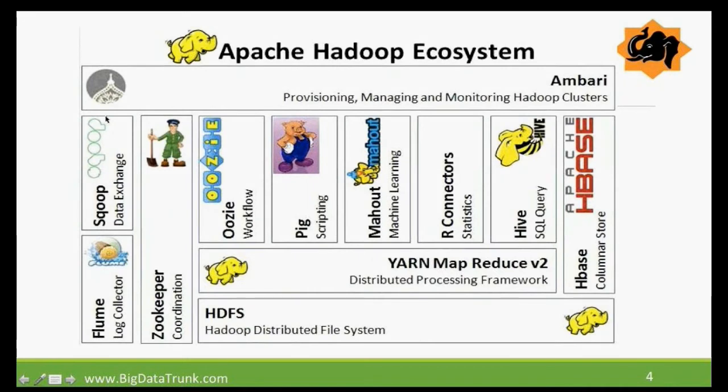Sqoop. Sqoop is a mechanism to get data from a relational system: our databases, Oracles, MySQLs, and so on and so forth. A lot of the data previously was processed through these systems. When Hadoop and this kind of system came into existence, there was a need to bring that data from relational systems into Hadoop's distributed file system. So Sqoop provides that mechanism.